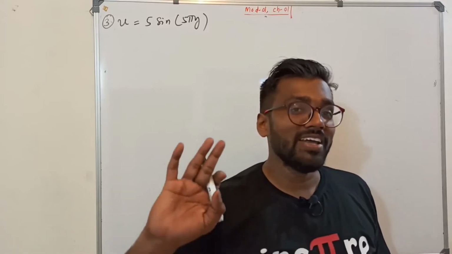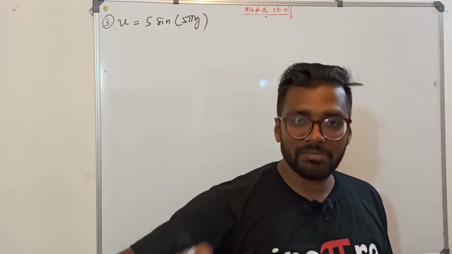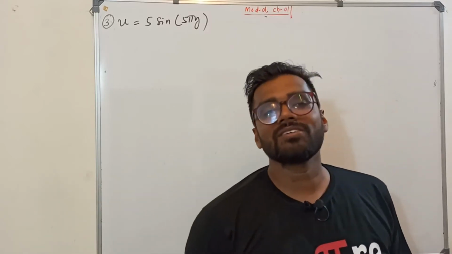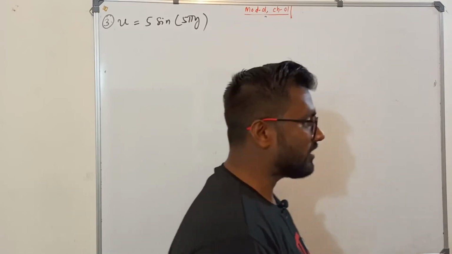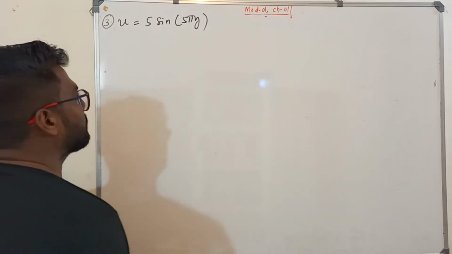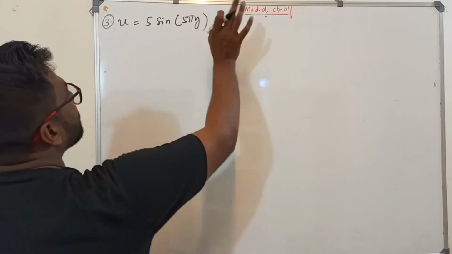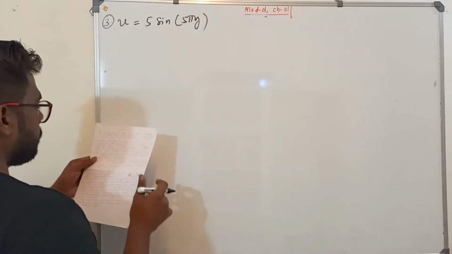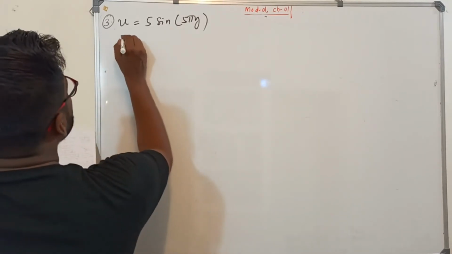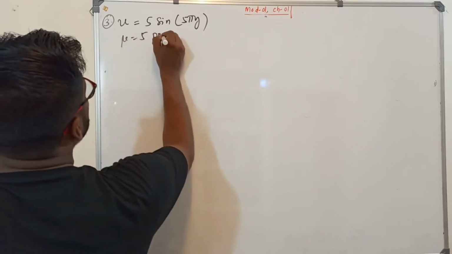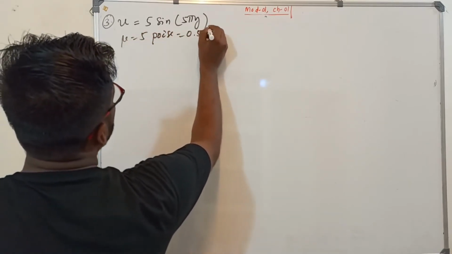But in life you cannot avoid mathematics, so you cannot say GATE won't give you a mathematical problem. The velocity profile is given as 5 sin 5 pi y. Mu is given as 5 poise, which is 0.5 Pascal second.